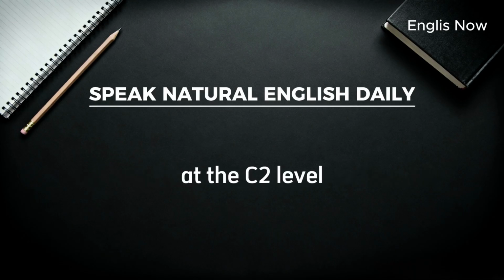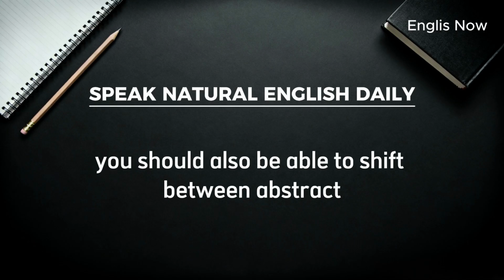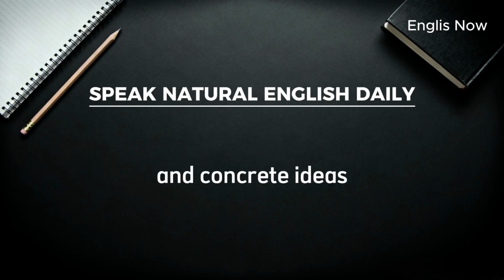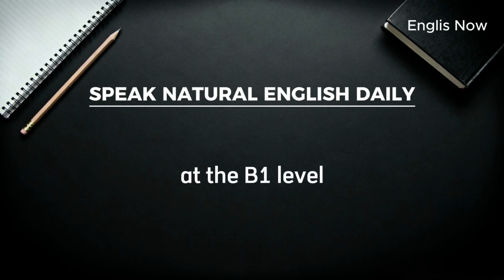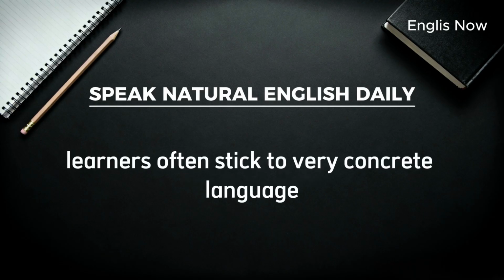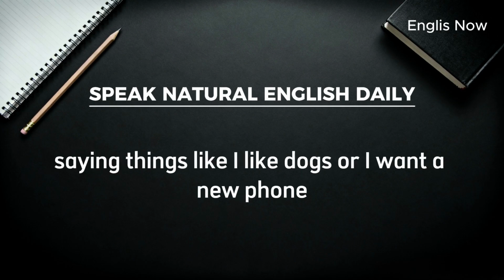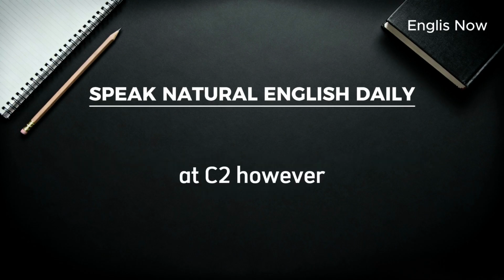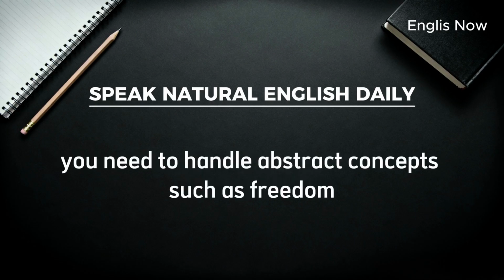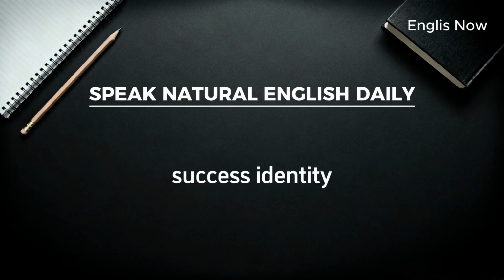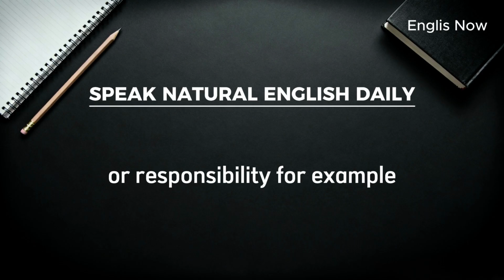At the C2 level, you should also be able to shift between abstract and concrete ideas with ease. At the B1 level, learners often stick to very concrete language, saying things like, I like dogs, or I want a new phone. At C2, however, you need to handle abstract concepts such as freedom, success, identity, or responsibility.